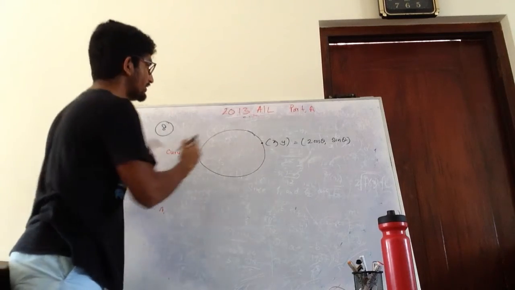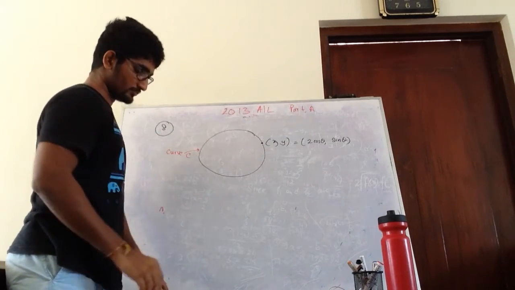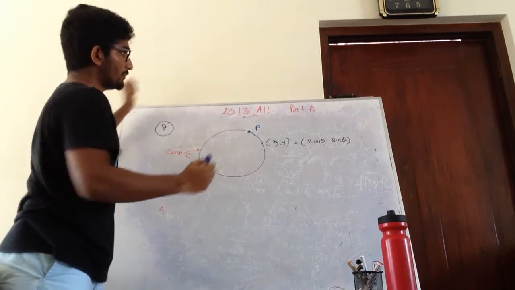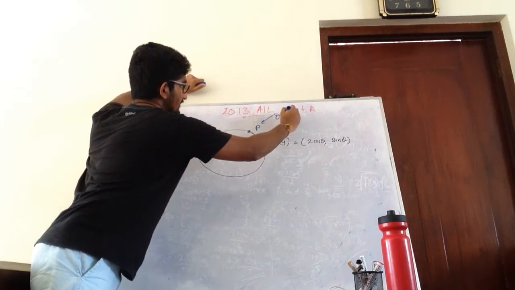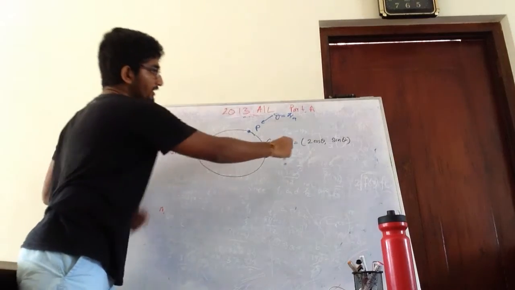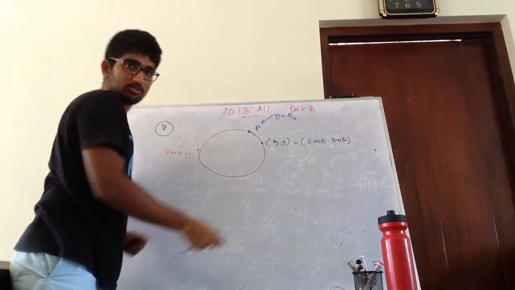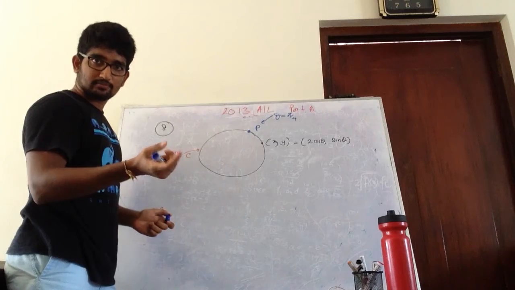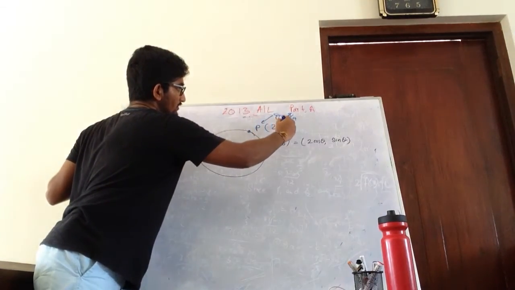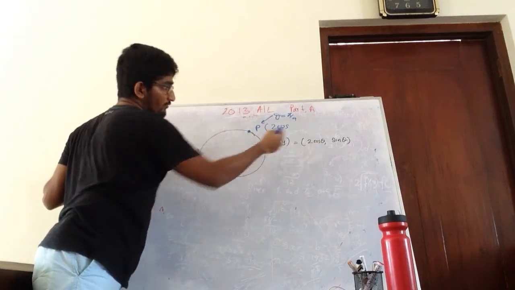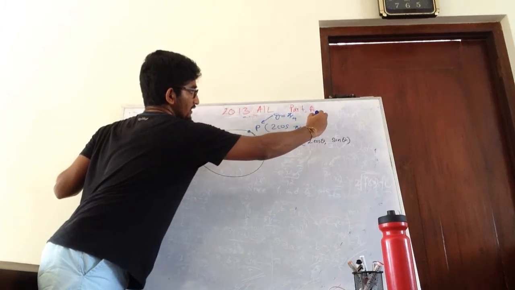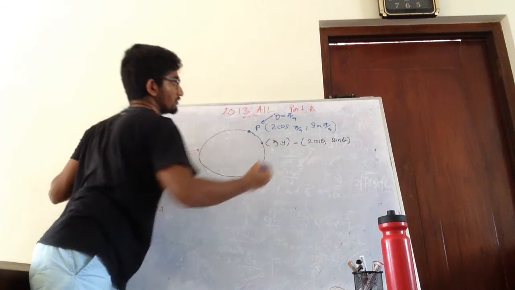So let's consider this point as P, where theta is equal to 5 pi over 4. Even point P can be written in this form because it's on the curve. Correct? So point P is basically 2 cos 5 pi over 4, sin 5 pi over 4.